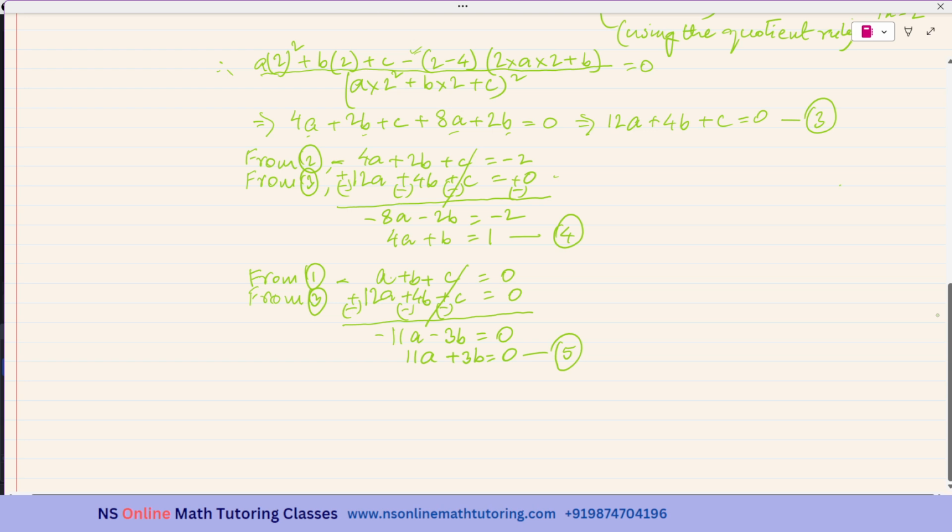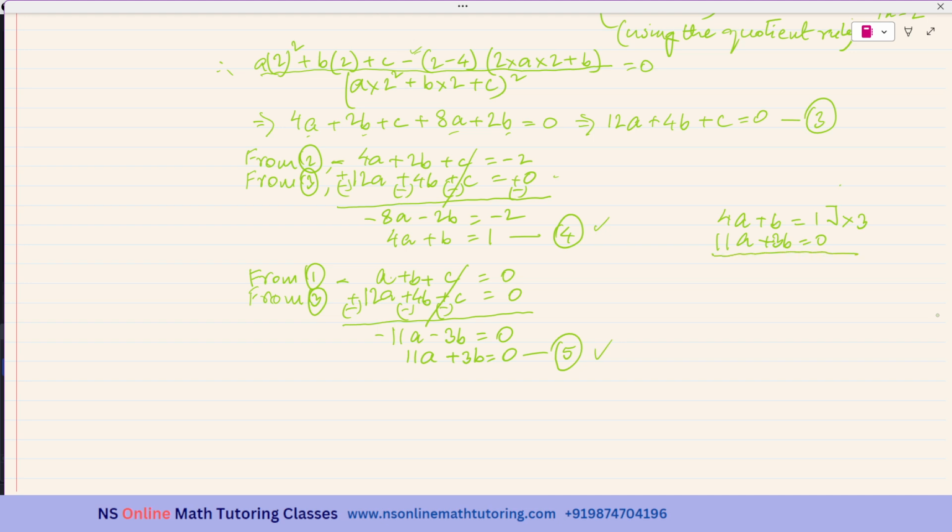This is equation number 5. Okay. And I can take these two equations. I can write them over here. 4a plus b equal to 1, and 11a plus 3b equal to 0. Okay. So I am multiplying this with 3 because I need 3b. I'll be eliminating b.